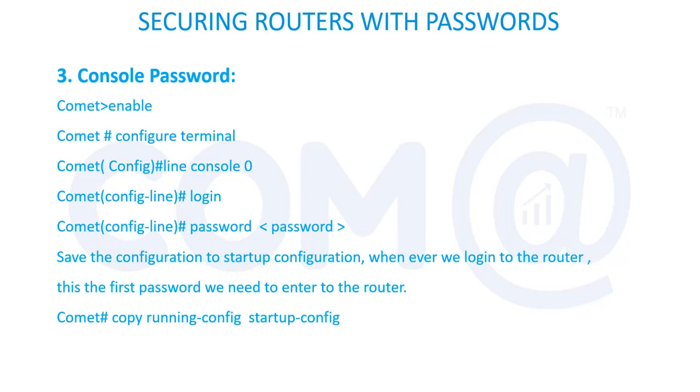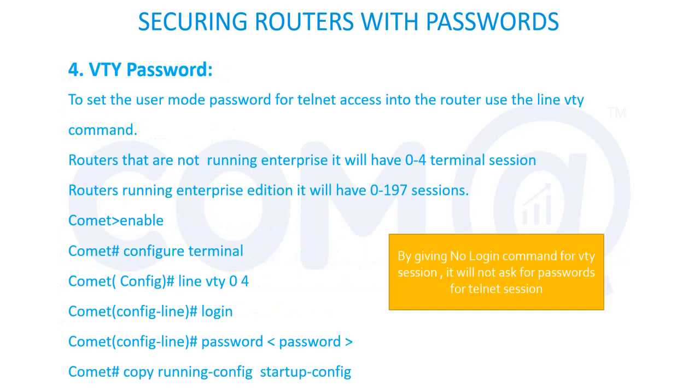The fourth password is the VTY password or Telnet password. Here, anybody using the Telnet command to log into the router will have to provide this password, and the command uses line VTY. After entering the global configuration mode, we have to enter the line virtual session, like we did with line console.